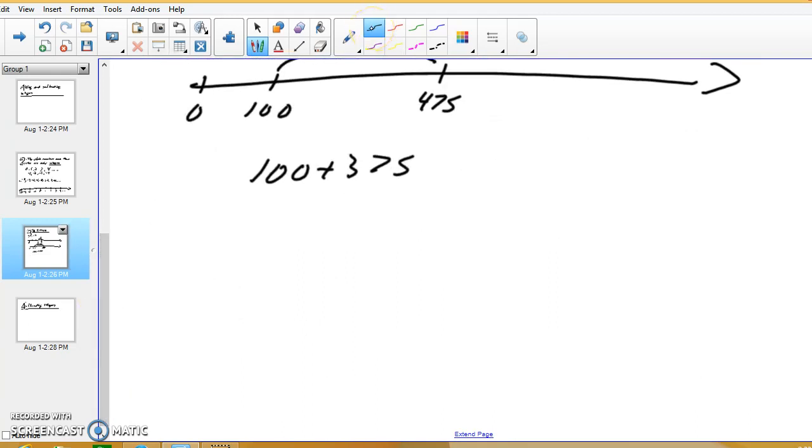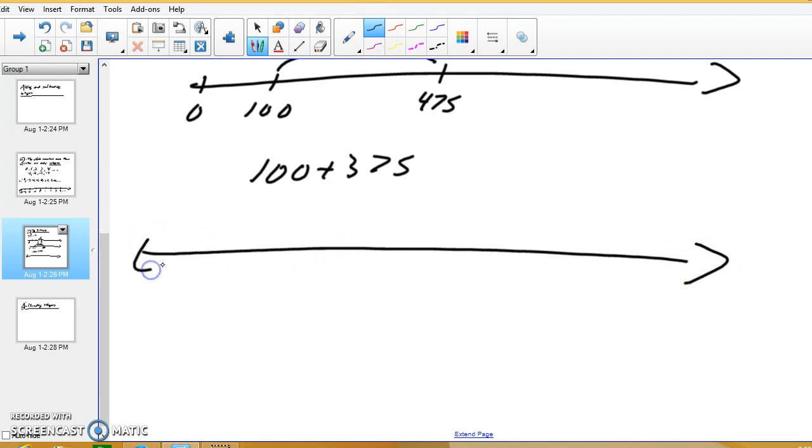Well, now imagine we are adding or subtracting a negative number. In this case, we're just going to talk about adding. Let's try 5 plus a negative 3.